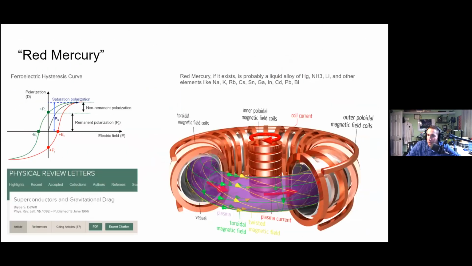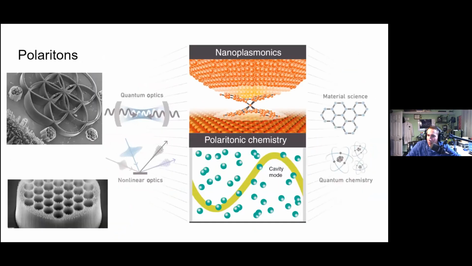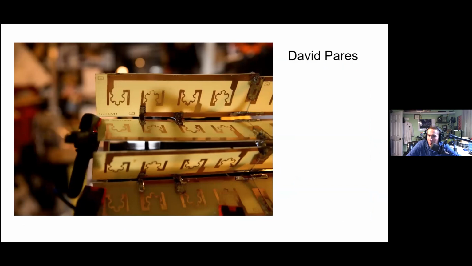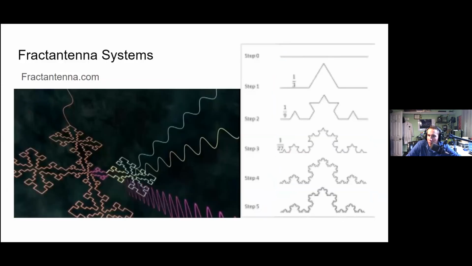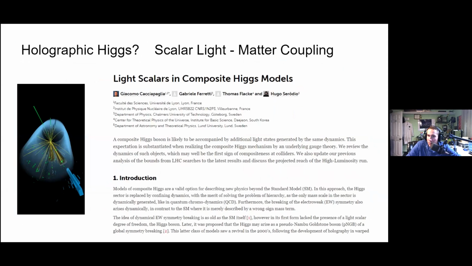All right. So materials engineering, optical materials, and now we're getting down into these layered types of two-dimensional materials, also two-dimensional waveform materials, shaping their materials like waveforms. Then these really interesting flying magnetic donut pulses, which are kind of an anomaly in physics.